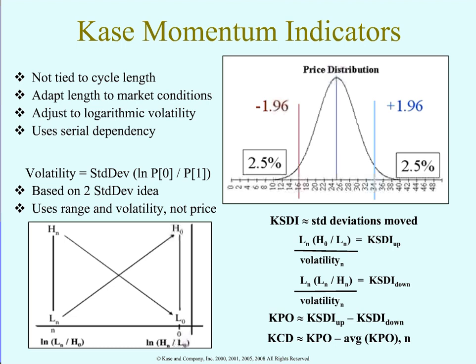Just to explain, for those of you who are not familiar with programming language, it just means Kase PeakOscillator minus the average of the Kase PeakOscillator over n days. So if n was 3, it would be Kase PeakOscillator minus the 3-day average of the Kase PeakOscillator. That's what the n is there. Okay? So that's what that one is.